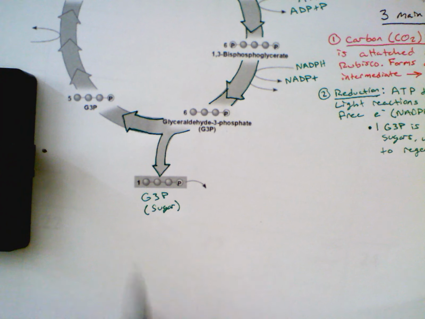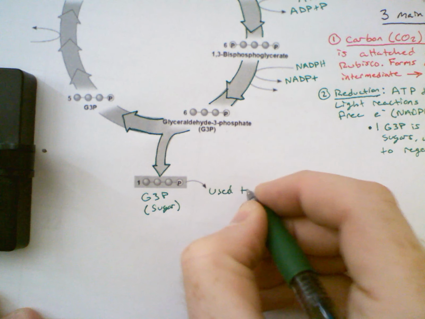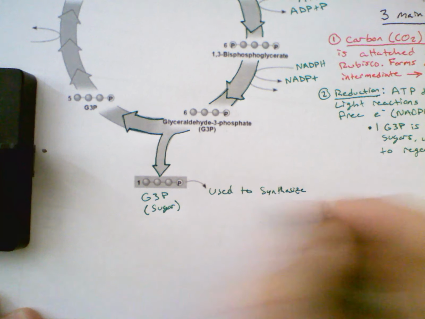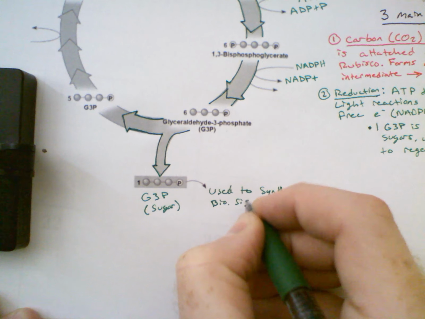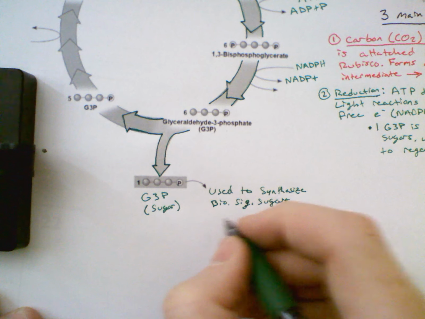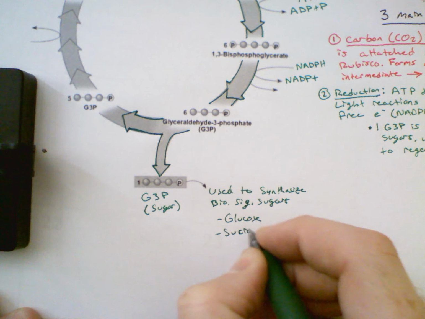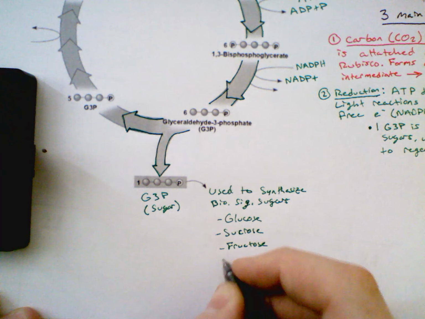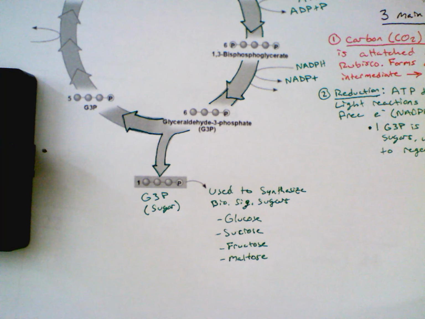And we would use multiple G3Ps to start building, so used to synthesize biologically significant sugars, such as glucose or sucrose, or maybe you want some fructose, or maybe you want some maltose, or some of the other doses.